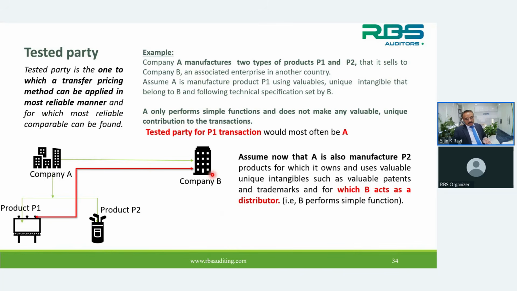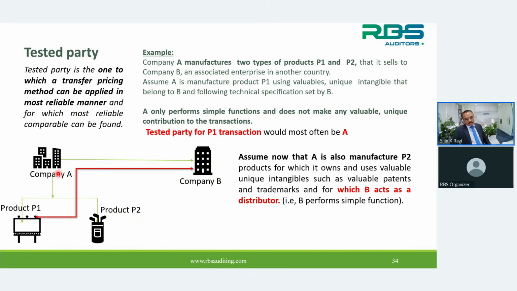Let's see another example. Assume A is also a manufacturer of product P2, for which use of valuable, unique intangibles such as valuable patent, trademark, and everything is owned by company A. And company B acts as a distributor. So company B does not have any control on whatever relates to product P2.